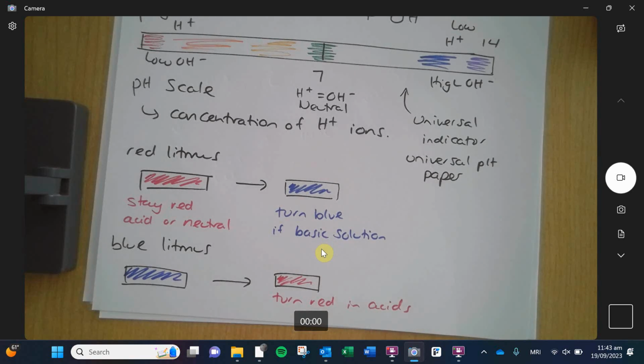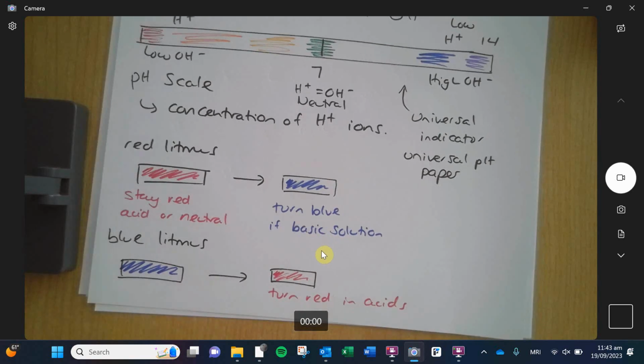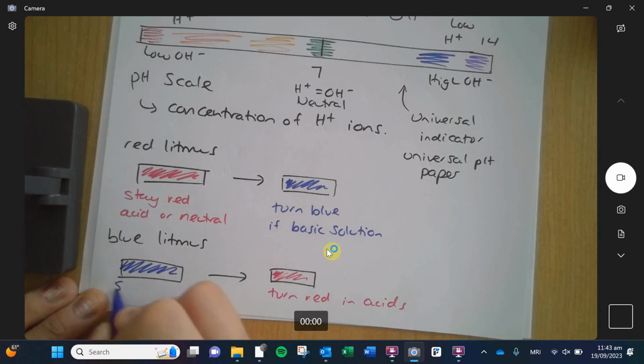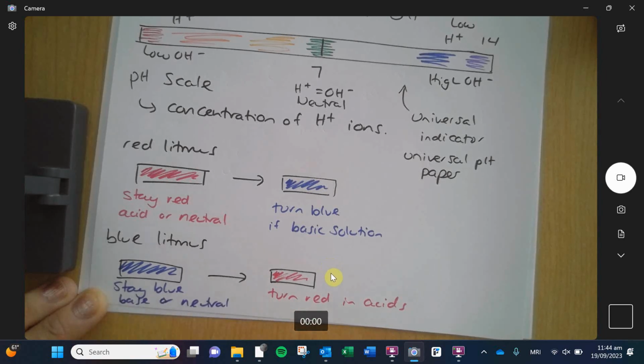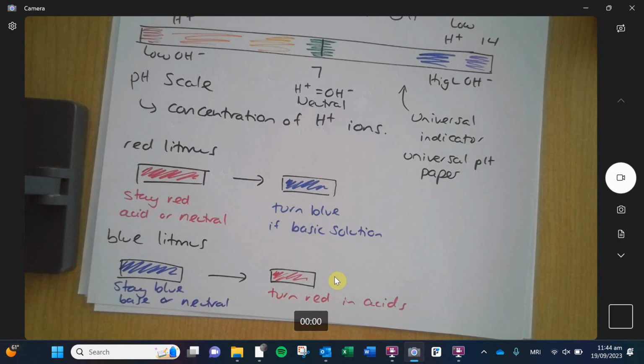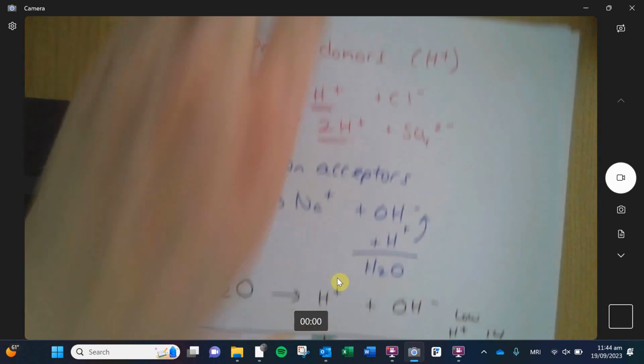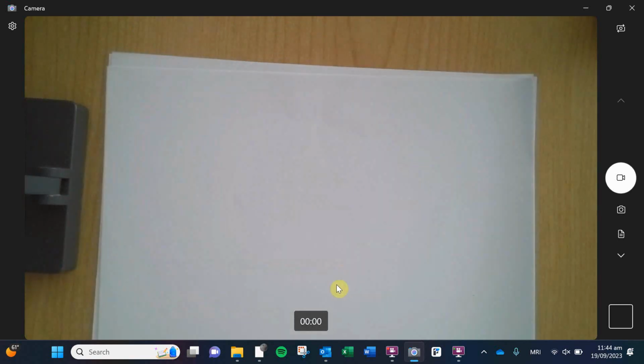Neutral, it'll stay blue. So neutral will stay the color it is because it's not acidic or base. And that's in a base or neutral. Good so far? Okay.